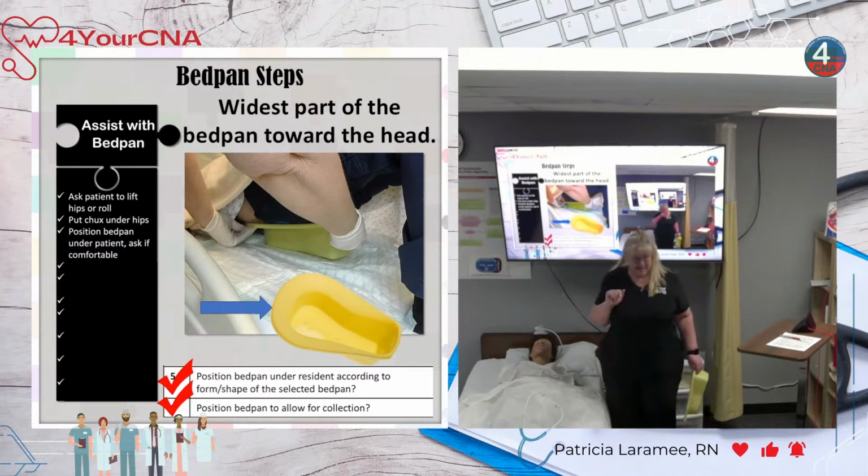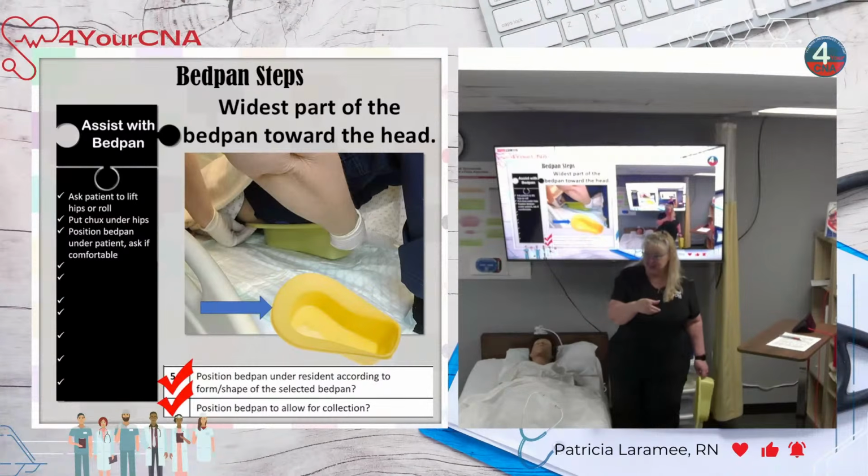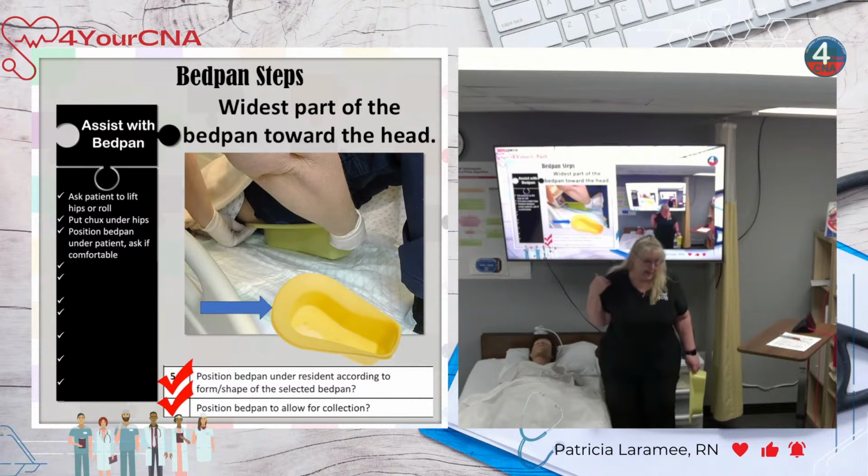It sticks, right? Because the plastic that you're sitting on is heated up. Well, body temperature is 98.6, about the same temperature as outside right now. It's going to heat up this plastic, which means your patient's bottom is going to stick to the bedpan.